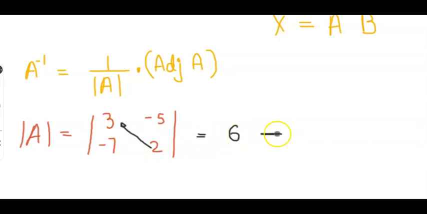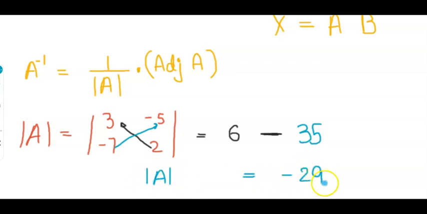Then minus this times that: minus 7 times minus 5 is positive 35. So the determinant of A is minus 29. It's non-singular, so we can solve the question. A solution exists.